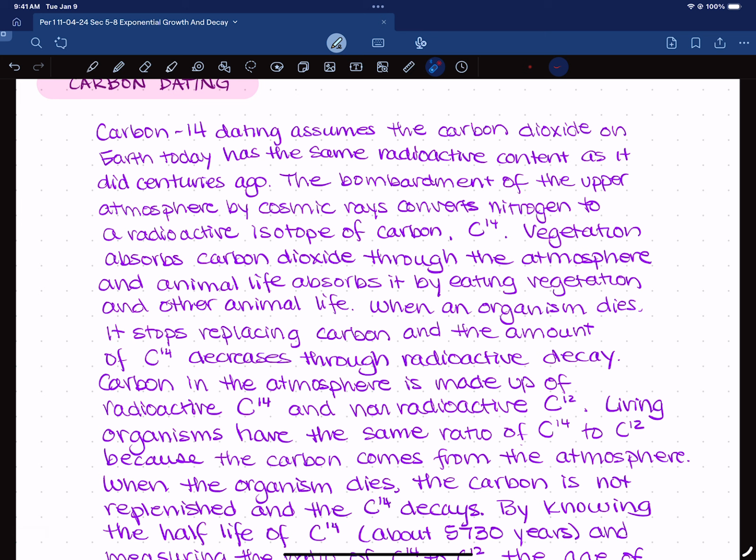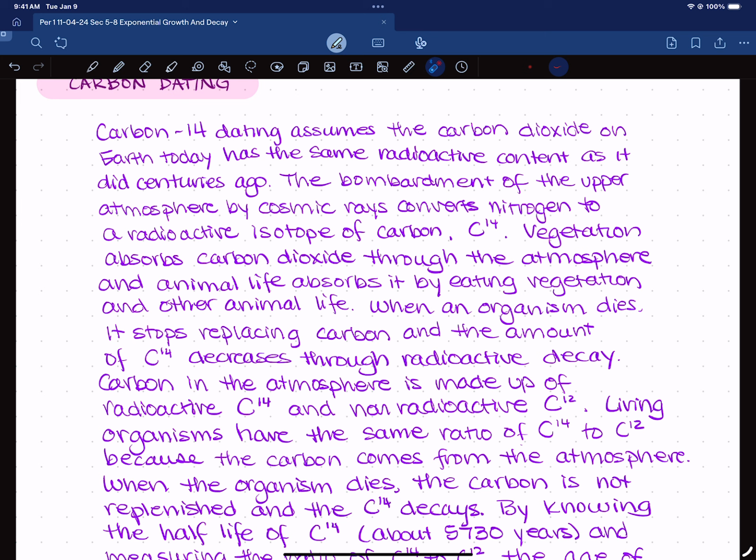What happens is that vegetation absorbs the carbon dioxide through the atmosphere, and then animal life through food chains also absorbs the carbon that's in the atmosphere. So in living organisms, we have about the same ratio of C14 while the organism is alive.